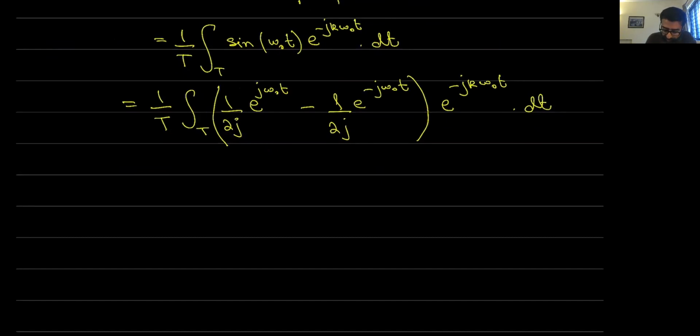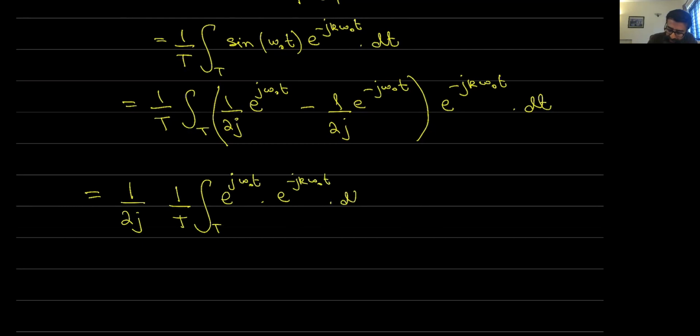And what I need to do next is just to evaluate this integral. Let me just separate them out into 2. So let me take the 1 upon 2j out, and then this is 1 upon T integral over T of e raised to power j omega naught t times e raised to power minus j k omega naught t times dt.